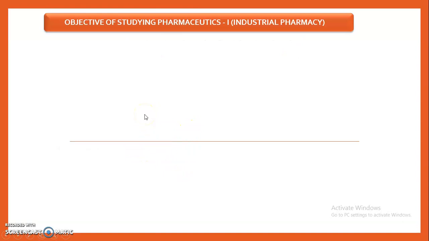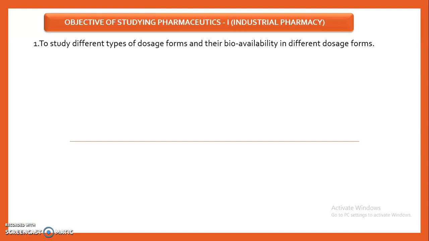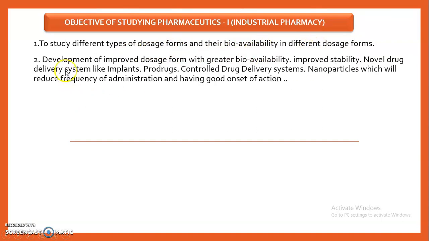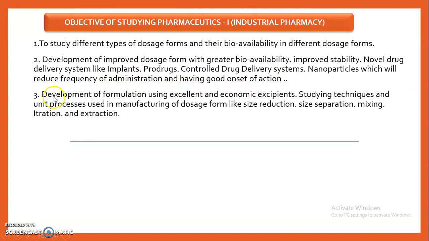Then the objectives of studying pharmaceutics 1, that is industrial laboratories, are to study the different types of dosage forms and their bioavailability, to develop improved dosage forms with greater bioavailability, improved stability, and novel drug delivery systems like implants, prodrugs, controlled drug delivery systems, and nanoparticles, which reduce the frequency of administration and have a good onset of action.